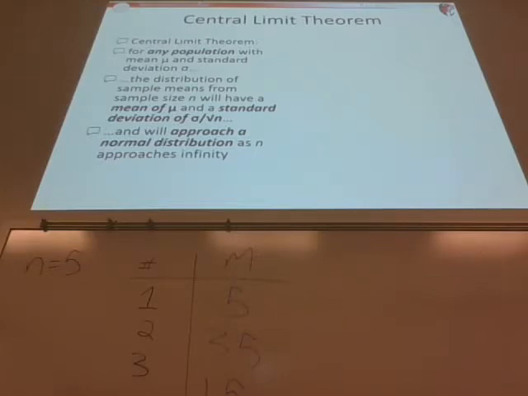And what that does is that basically opens up statistics, because for any population, you might not know what your population looks like. You might not know your population distribution, but your distribution of sample means, and we're going to see how to use this in the next coming weeks, will be approximately normal.